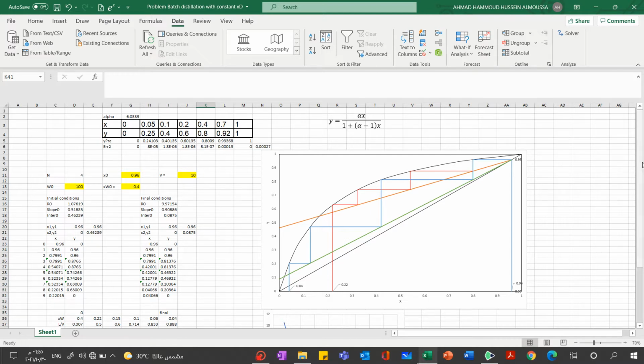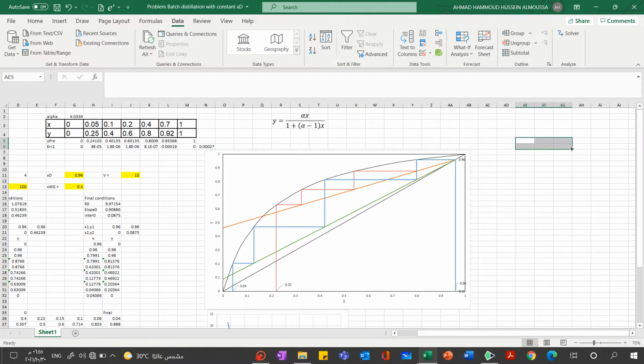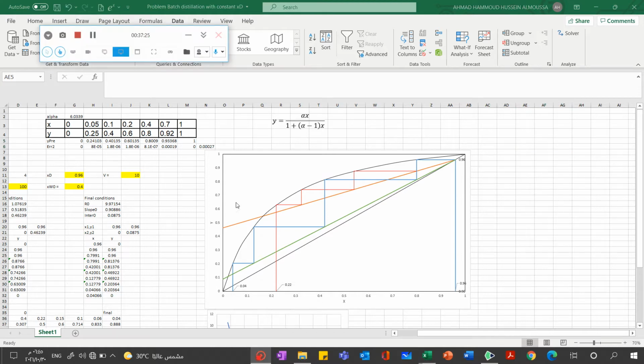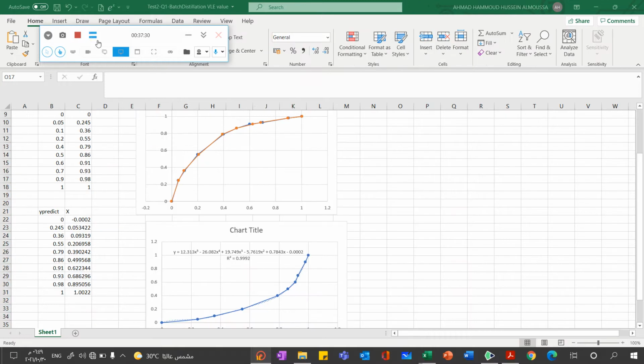Now I will teach you a technique I find easier than the Solver. Let me find an example to solve. Hello everyone, I found a question which is similar.